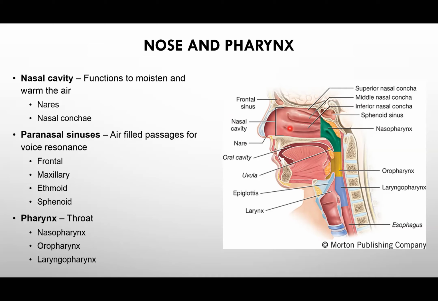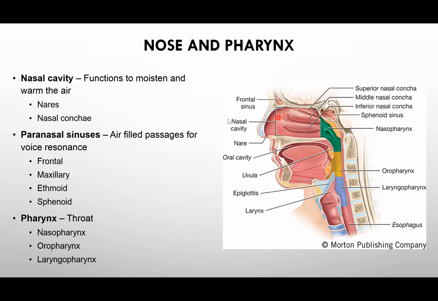The nasal concha have little hair fibers on them, which help to trap dust particles and any foreign particles and prevent them from going down into the throat and eventually down into the lungs. And so these concha, in addition to helping with moistening and warming the air, also have somewhat of an immune function.